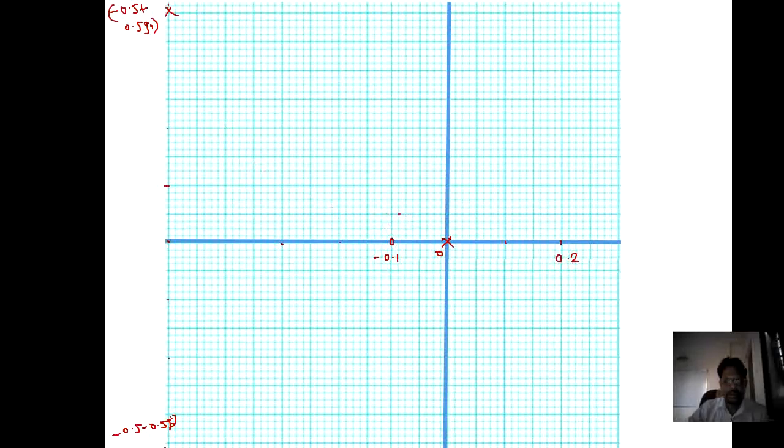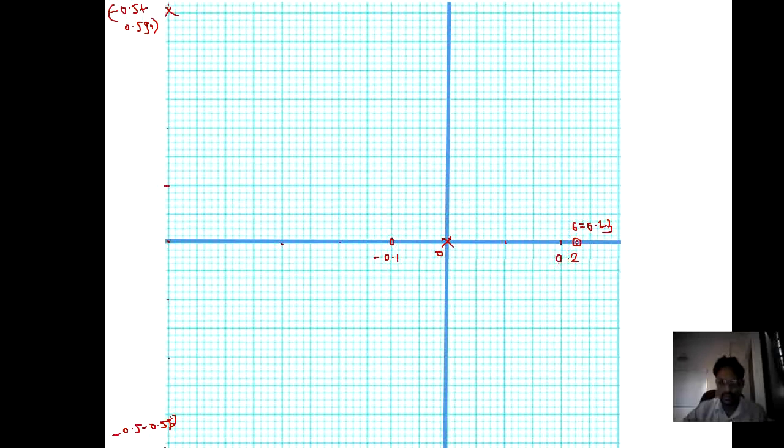Then sigma, we got sigma at 0.23, so sigma is equal to 0.23.